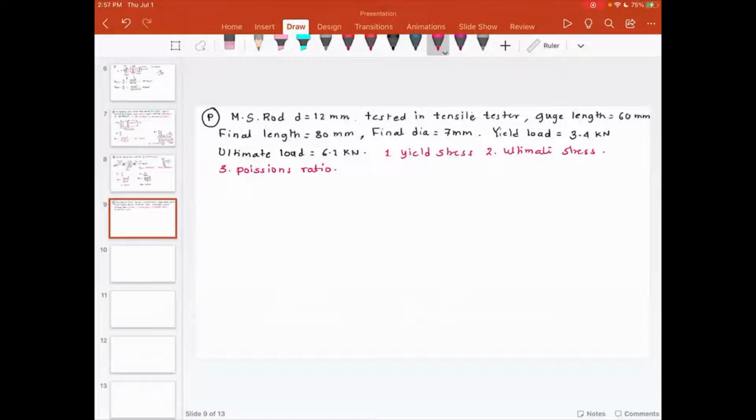So let's look at, first and foremost, the value of yield stress. So sigma is equal to P divided by A. The material yielded at 3.4 kilonewtons.